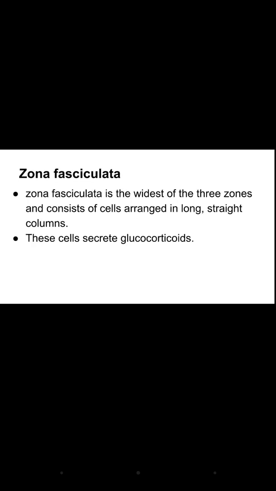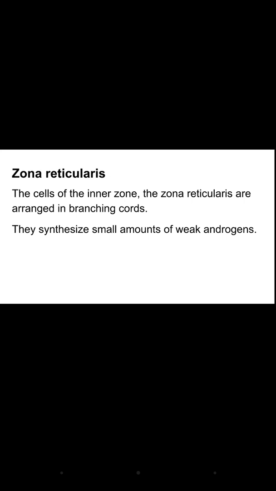Zona fasciculata is the widest of the three zones, and the cells are arranged in long and straight columns, and these secrete hormones named glucocorticoids. Then zona reticularis is the inner zone, and the cells are arranged in branching cords, and they synthesize a very small amount of weak androgens.